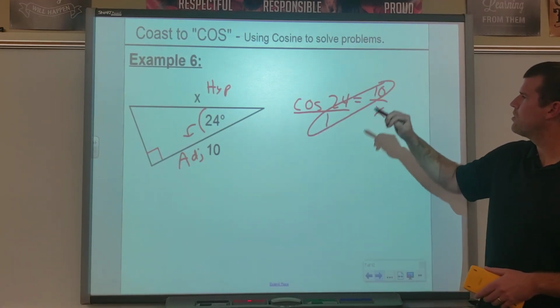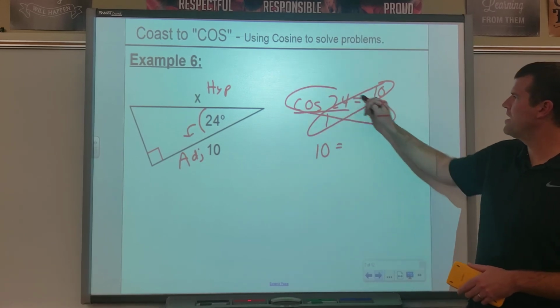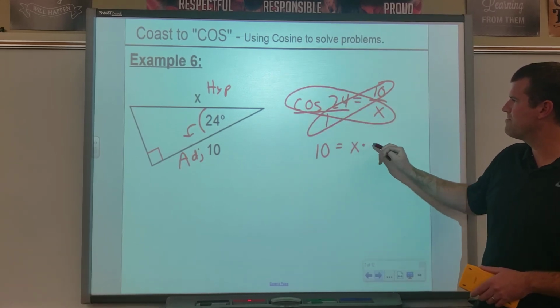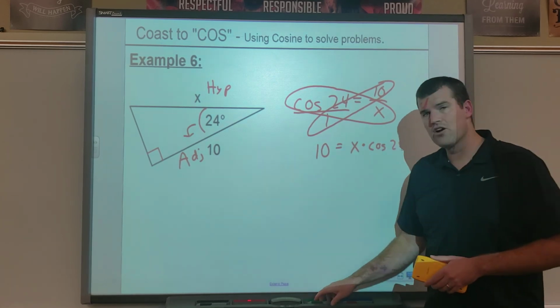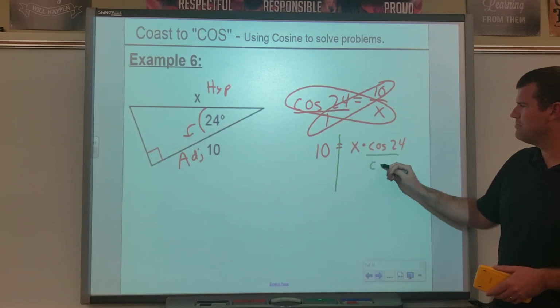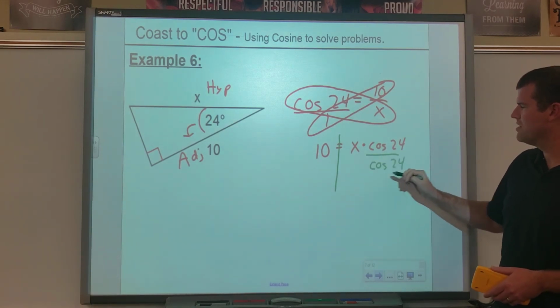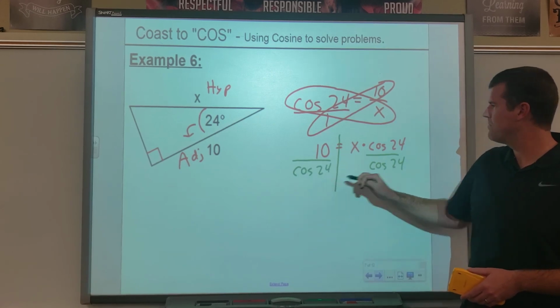So I can cross multiply to get 10, cross multiply to get x times cosine 24. And then our goal is to get the x by itself. So we're going to divide by cosine 24. What we do to one side, we always do to the other.